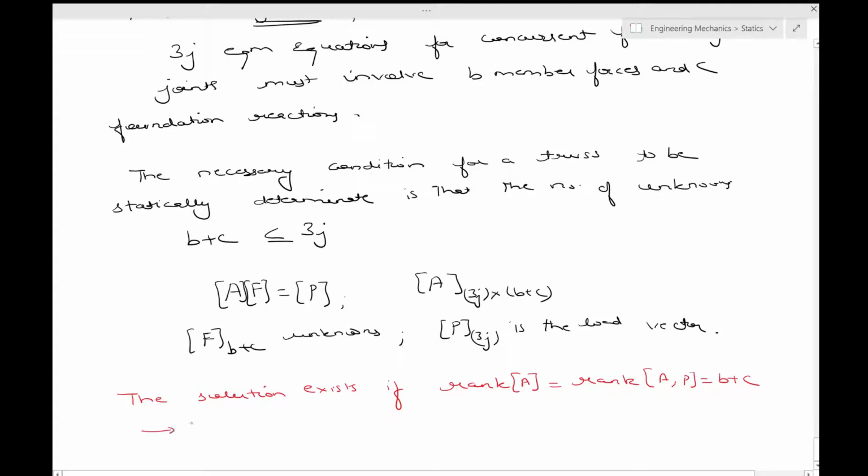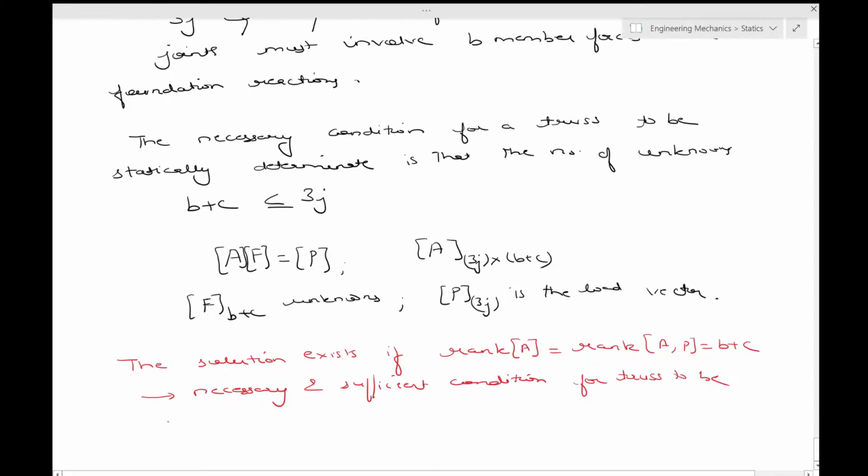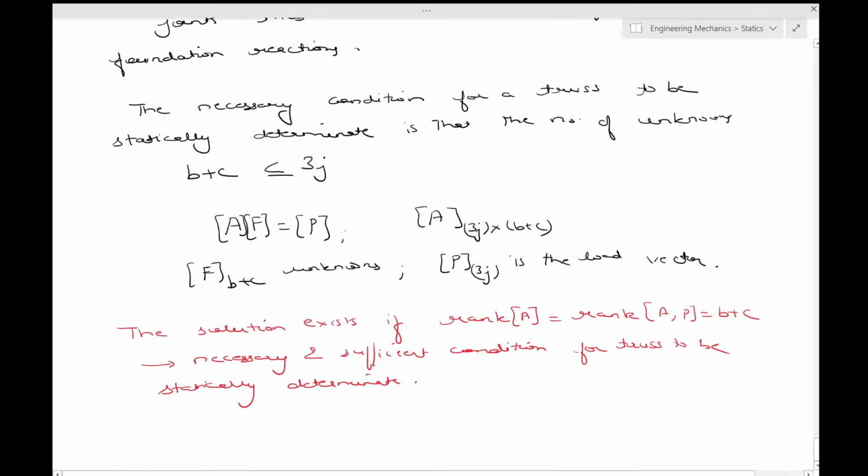So this is the necessary and sufficient condition for truss to be statically determinate. You should know how to find the rank of a matrix by this stage if you have done the course in linear algebra, and it is a first year course, so it should have been done.